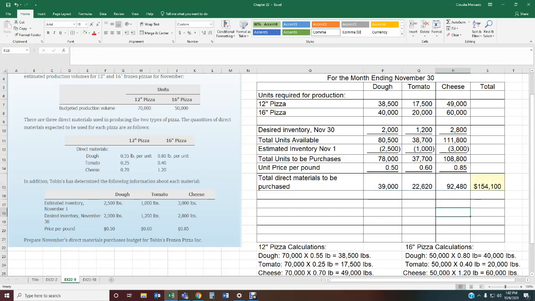Okay. That is my total direct materials that I estimate I'm going to be spending to make 70,000 12-inch pizzas, 50,000 16-inch pizzas, and still be left with some ending inventory as prescribed in the chapter.